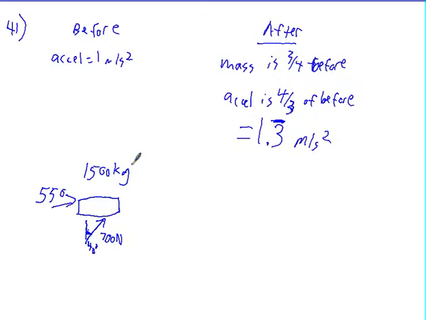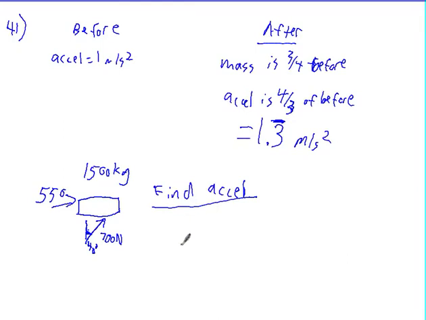Don't shut down on me now. It's not that hard. Just apply what you've done already today. You have to do the sine, cosine stuff, and then add it, and then do force equals mass times acceleration to find the acceleration. So start out with what you need to figure out.